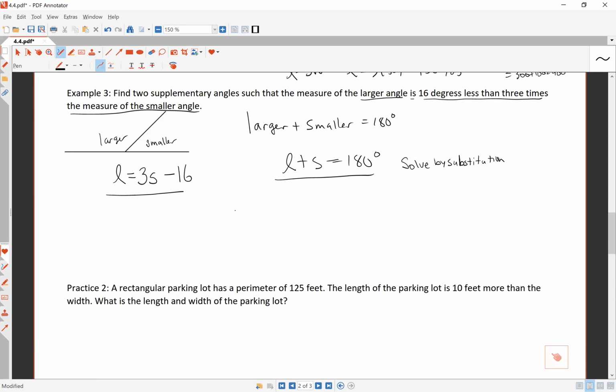We substitute 3s minus 16 in for L. The sum of the larger plus the smaller equals 180. The smaller is S and the larger is 3s minus 16. So giving us 3 times the smaller, minus 16, plus the smaller is 180.